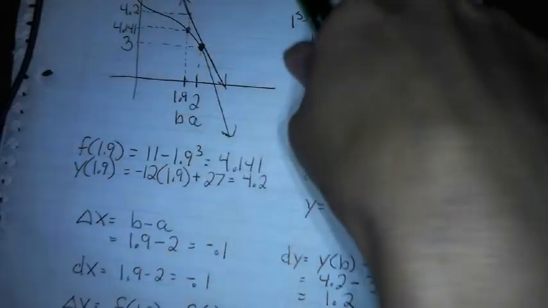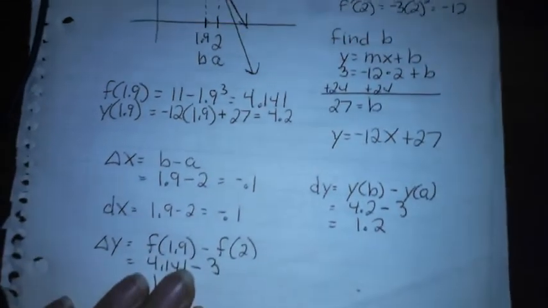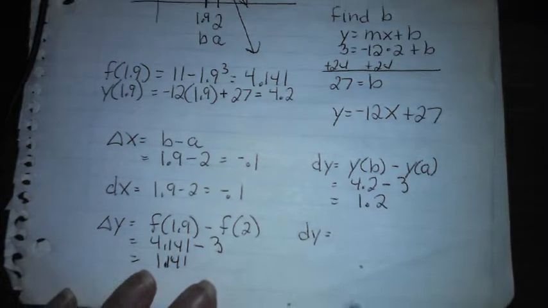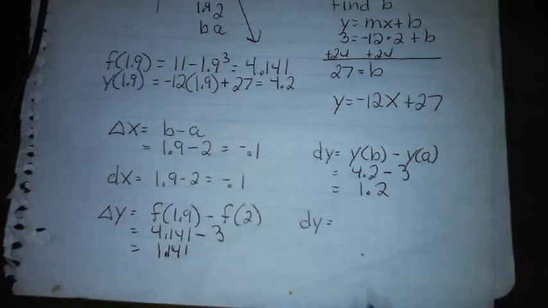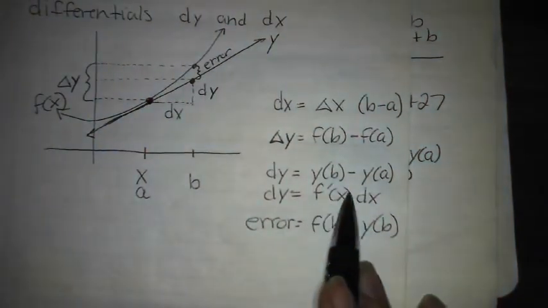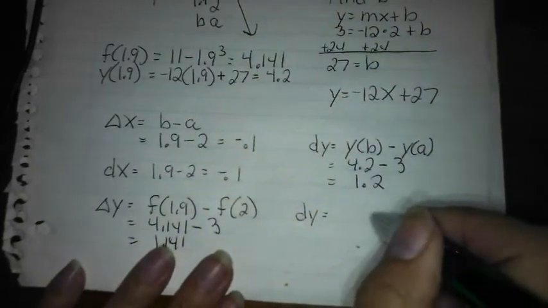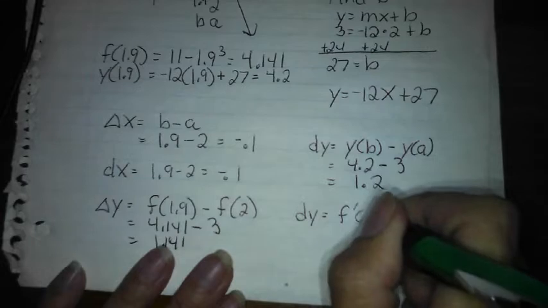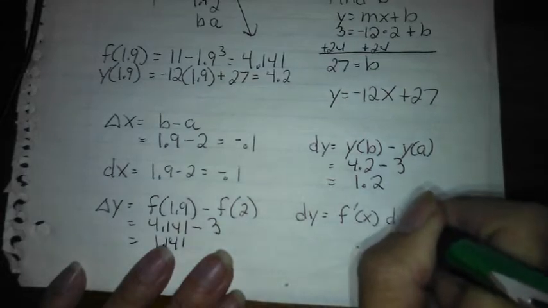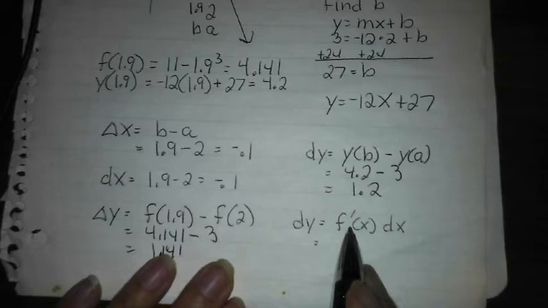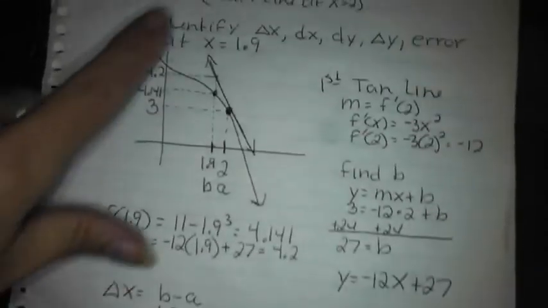If we don't have the tangent line and we want the differential, we can use calculus. By definition, you take the derivative of f of x multiplied by the differential of x. So I'm going to write that down again. The first thing we will do is take the derivative of the original f of x.